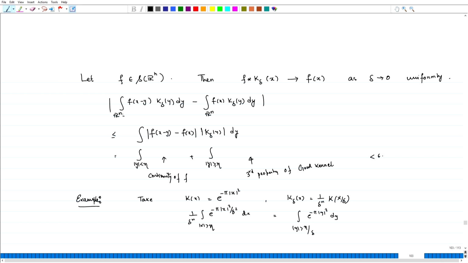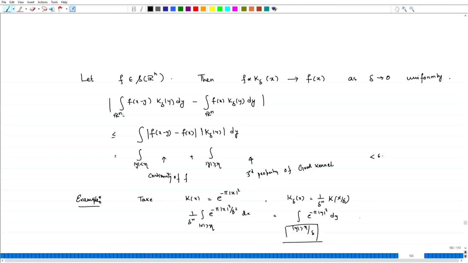And as delta goes to 0, this eta by delta goes to infinity, and that becomes the tail of an integrable function, the tail of the integration of the Gaussian. So, this is going to be 0 as delta goes to 0.